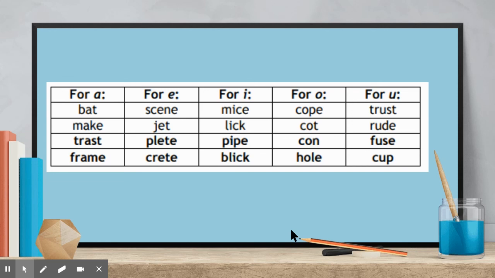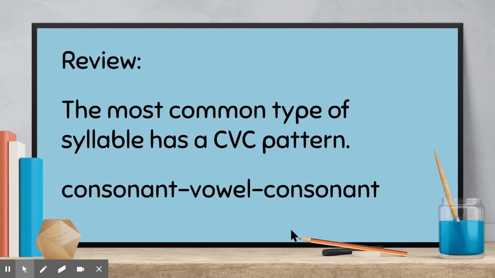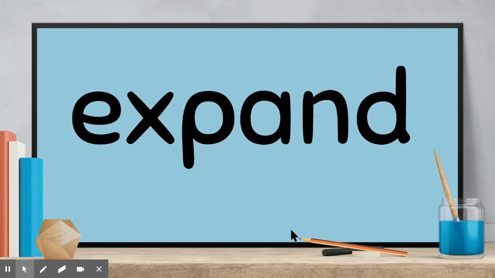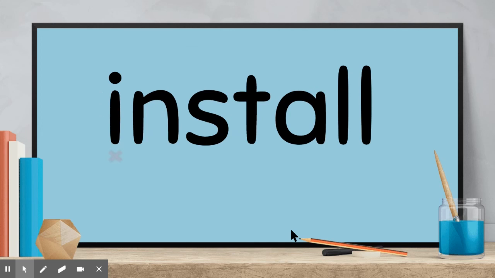So we'll have some more examples of these. We'll talk about our CVC patterns. We'll differentiate between the VCE and this VCE. We'll still practice our decoding a little bit more.